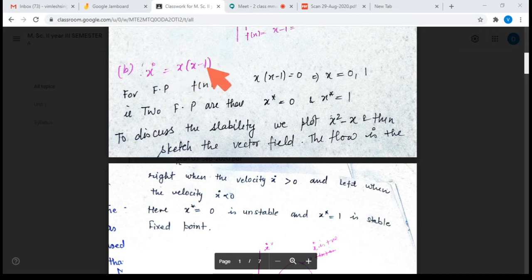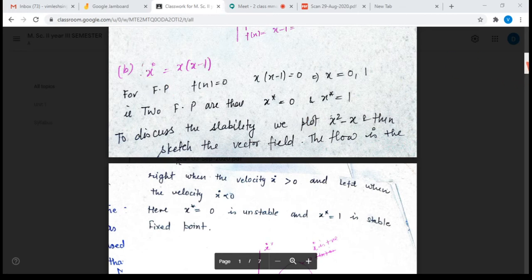This equation is x square minus x, and we find the vector field and the flow of the fluid, or imaginary particle, in the given phase portrait, where t is time, x is the position of the particle, and x dot is the velocity of the particle.